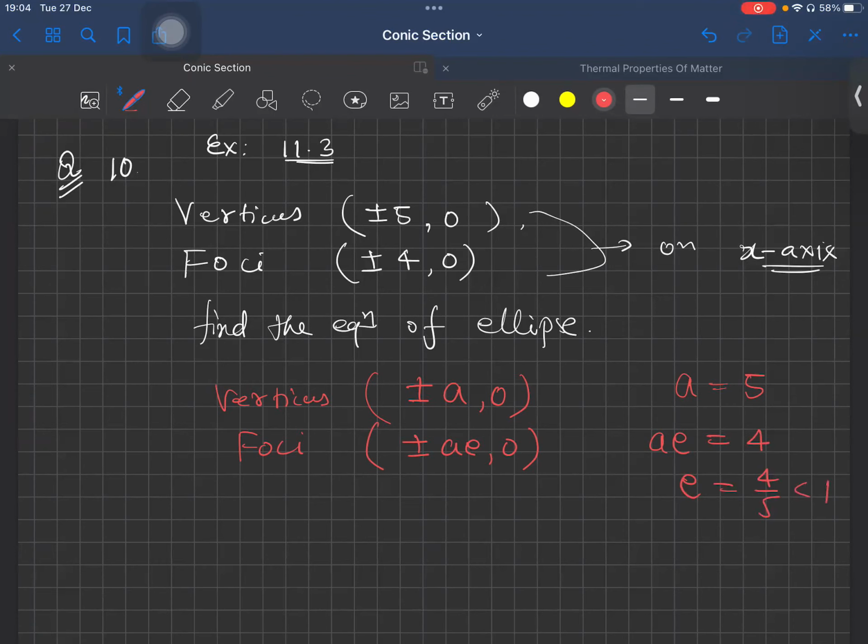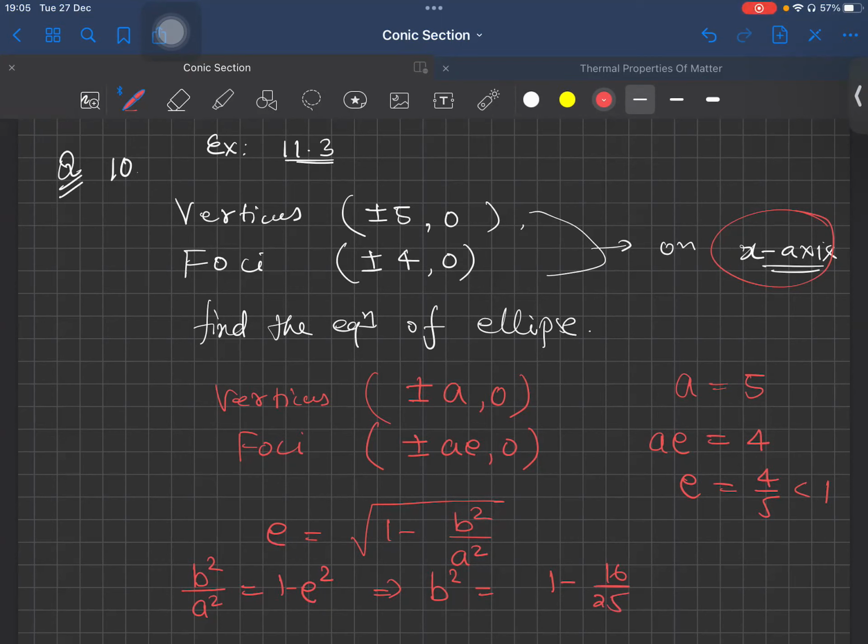Now we know eccentricity e is equal to square root of 1 minus b square upon a square, because this is the ellipse on the x-axis. So from here you will find the value of b. You can write b square upon a square will be equal to 1 minus e square, where e square is 16 upon 25.